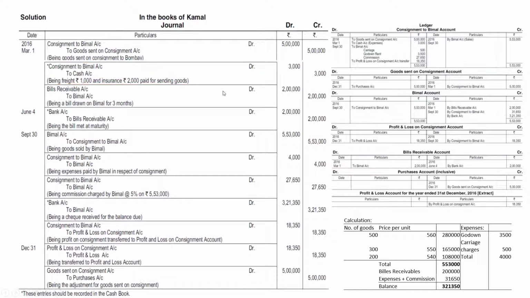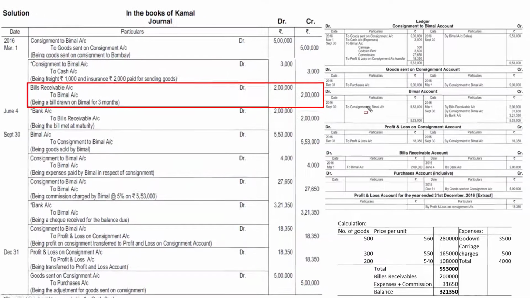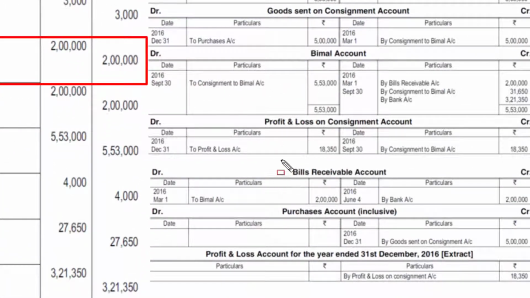The next one is bills receivable account will be debit and Bimal account will be credit because a bill is drawn on Bimal for 3 months. That means after 3 months this bill will be matured and it will be recorded in the bank account of Kamal. So this record will also be adjusted to the bills receivable account and to Bimal account.